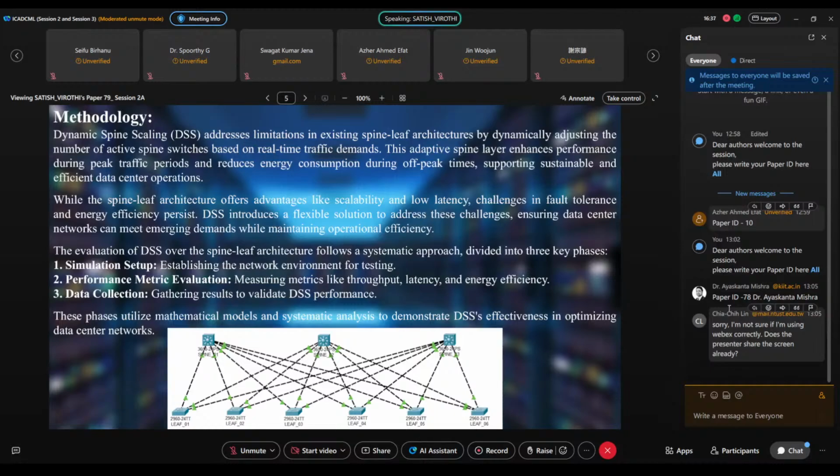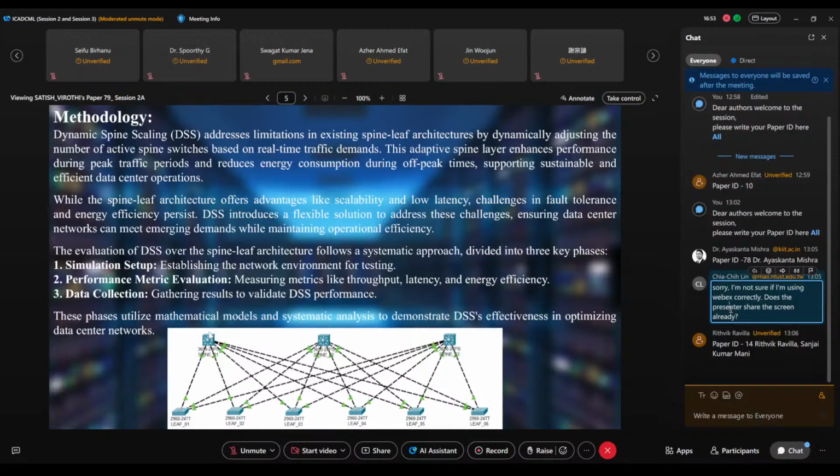This dynamic adjustment improves the overall performance of the network while also reducing the energy consumption of switches that are not in use. To be clear, if you can see in the picture here, the switches that are being shown here are called leaf switches, and the layer above it is called the spine switches.